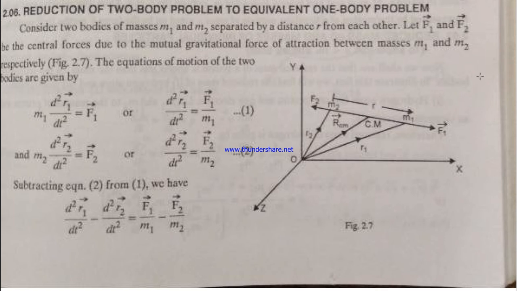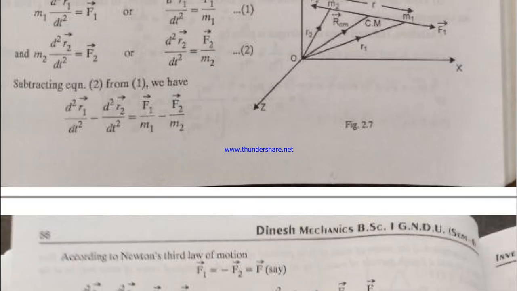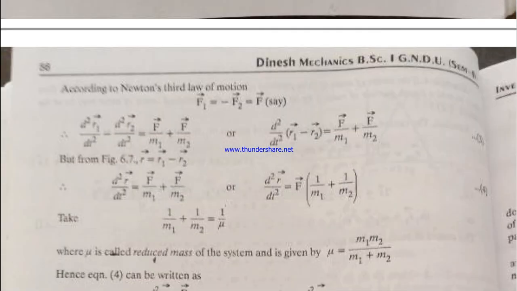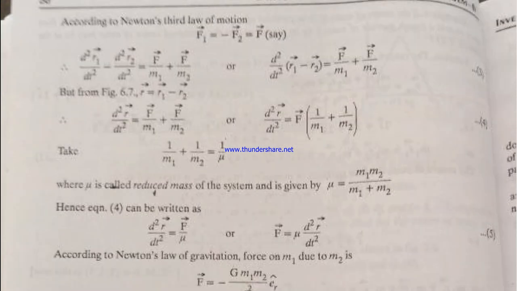Now since these forces f1 and f2 are equal and opposite, these being gravitational forces of attraction between the two particles, they are equal and opposite to each other. So we can simply write that f1 is equal to f2 with a negative sign because they are opposite to each other. So let f1 be equal to f. We can replace f1 by f, and in the second case f2 can be written as minus f.